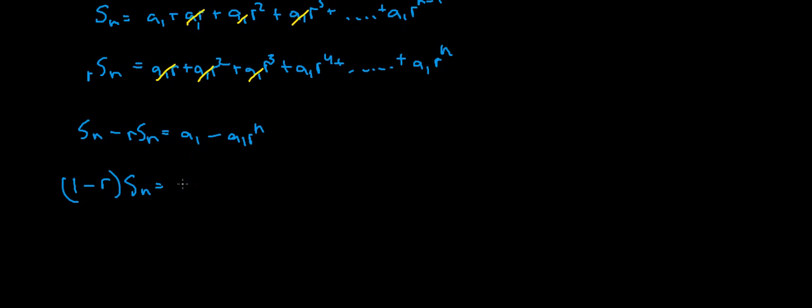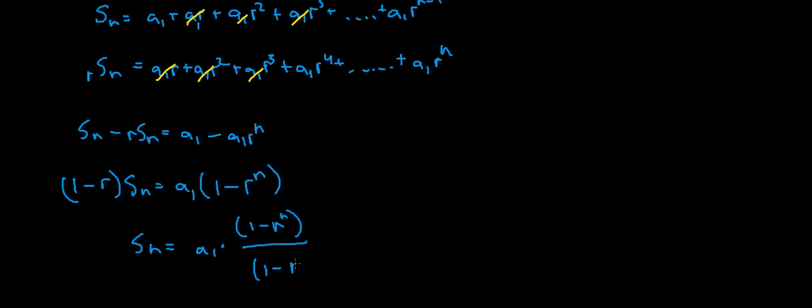And a1 is a factor here, 1 minus r^n. So the sum of the sequence times 1 minus r is equal to whatever this stuff is. So I just divide out. So the sum of the sequence is equal to a1 times 1 minus r^n over 1 minus r.